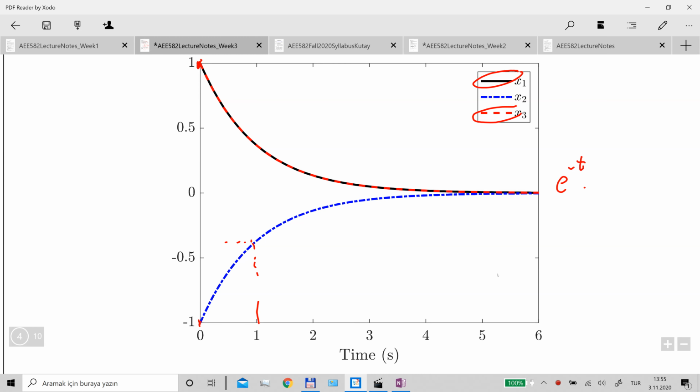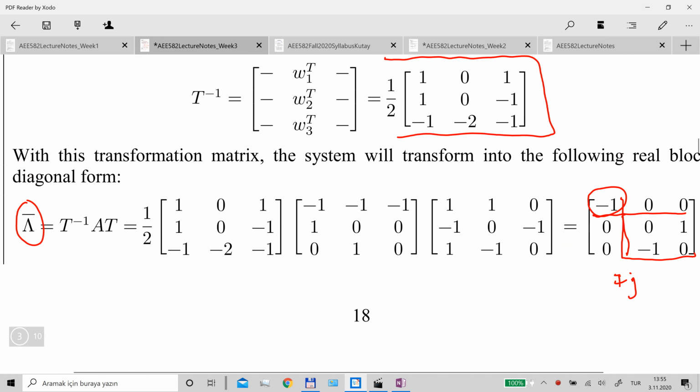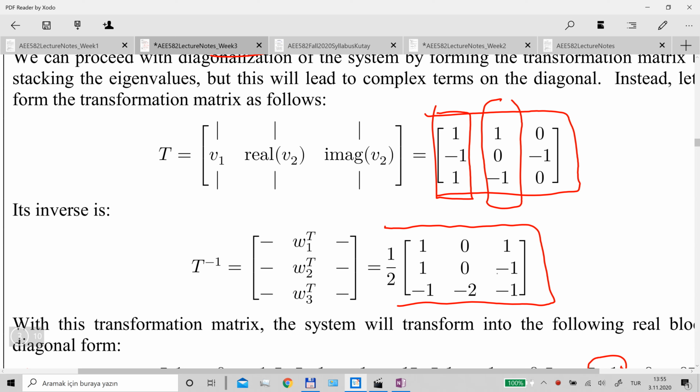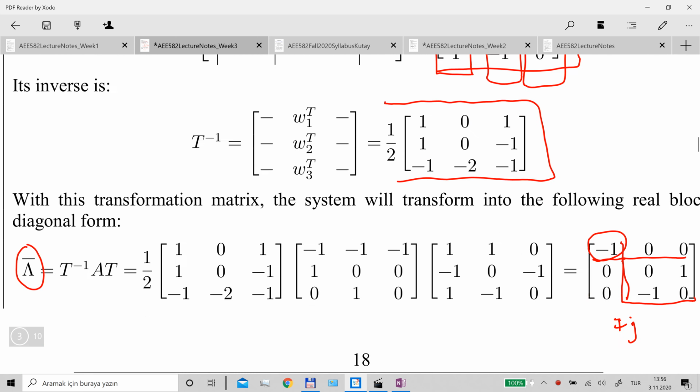If you want to excite the oscillator mode, you need to release the system from an initial condition that corresponds to this one, or this, or any linear combination of these two. If you choose the initial condition to be in the space spanned by these two vectors, then this time the first mode will not be excited and only the second mode will be visible.